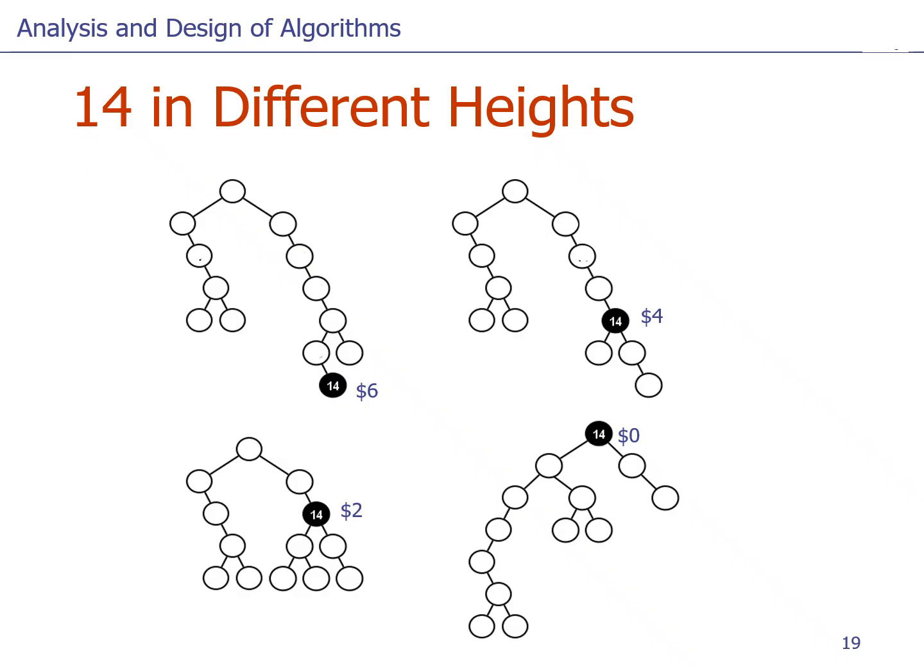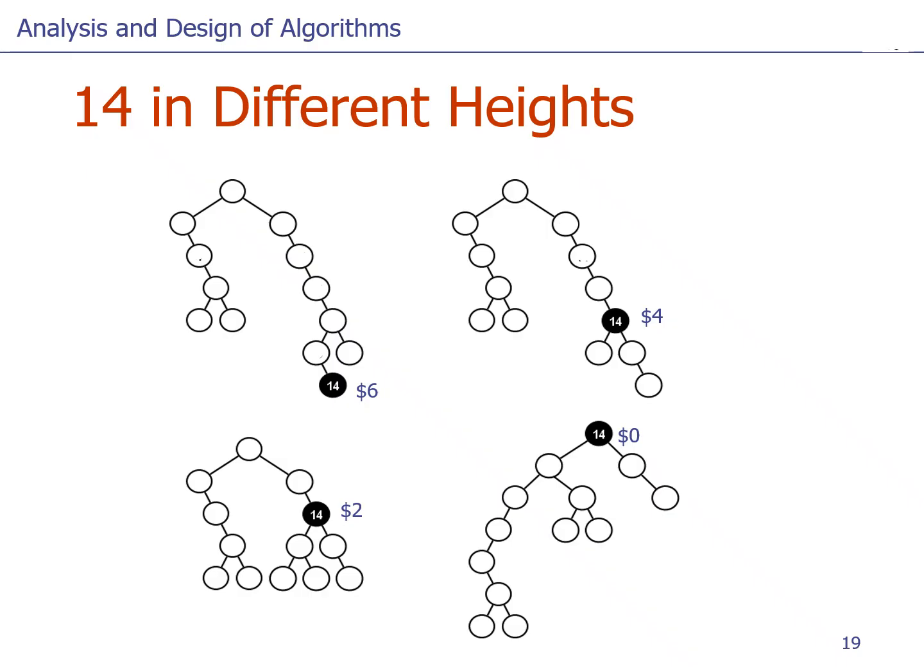In the top right tree, I will have to move the 14 up 4 levels to be at the root, so that will cost me $4. And at the bottom left, I'm only going to pay $2 to make the 14 the root because I will climb up 2 levels.